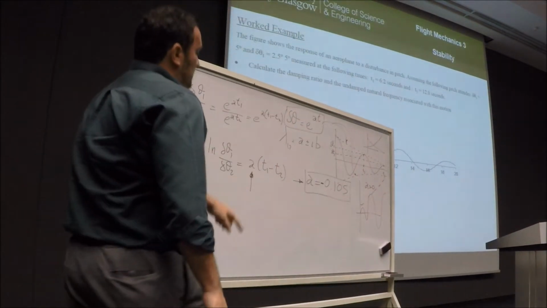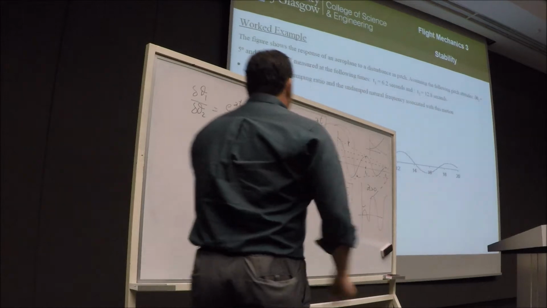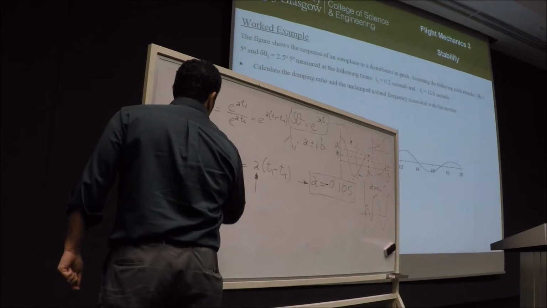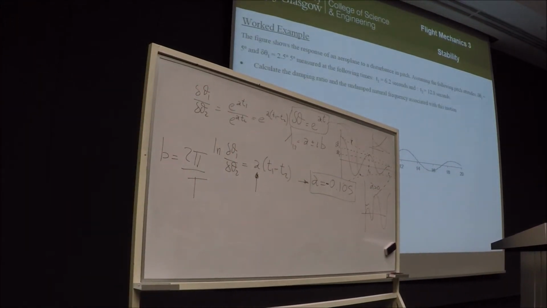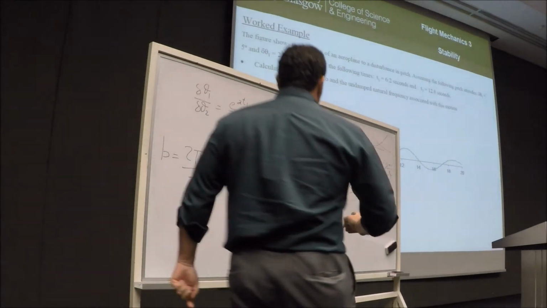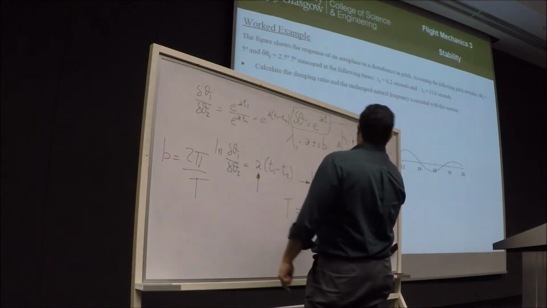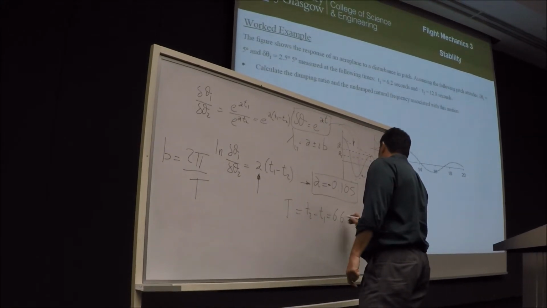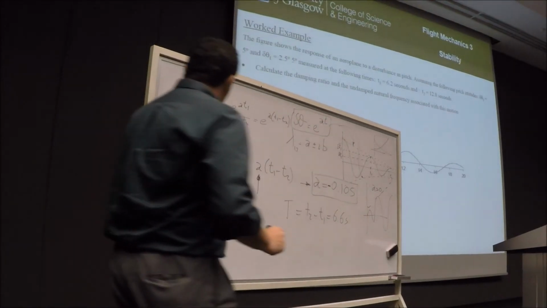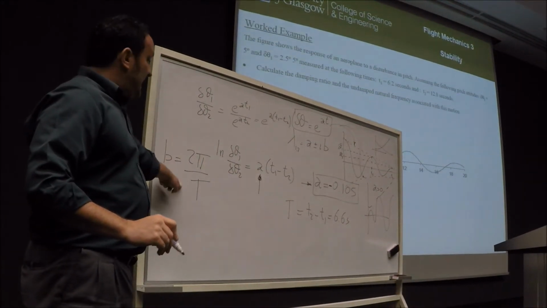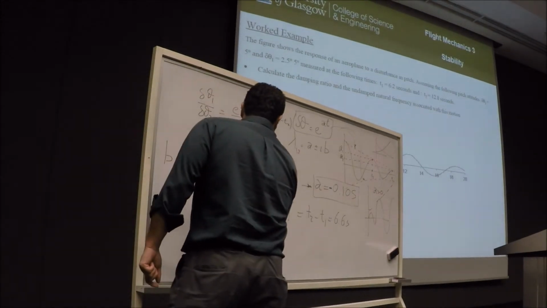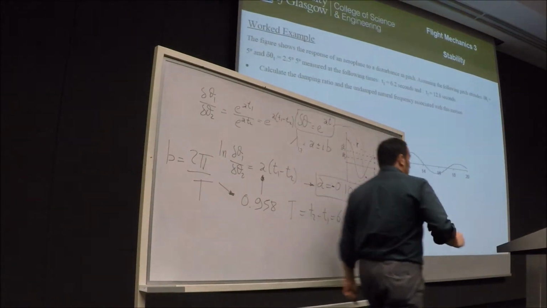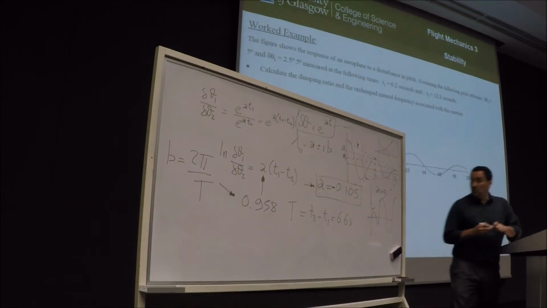So this allows us to determine the value of A, and then the value of B is simply given by 2 pi divided by the oscillation period, T. In our case, T is T2 minus T1, that is 6.6 seconds. So we find 2 pi divided by 6.6 seconds, B is equal to 0.952.